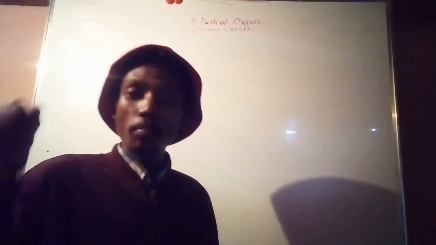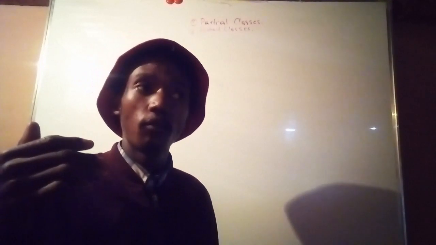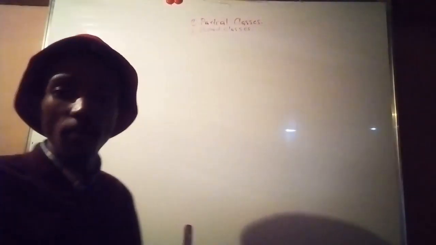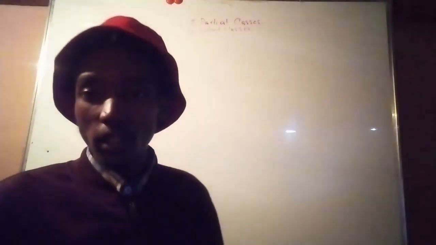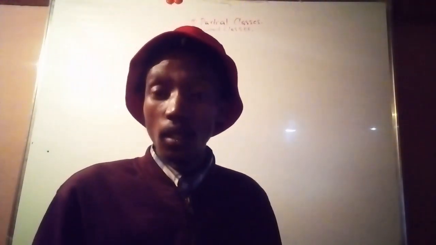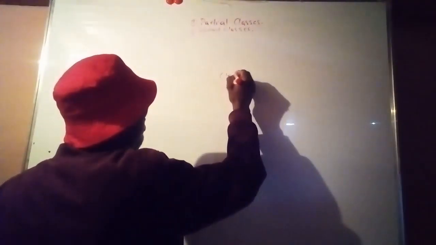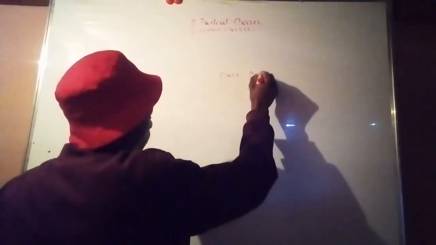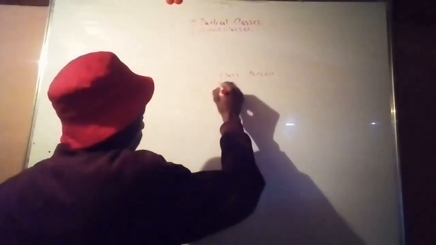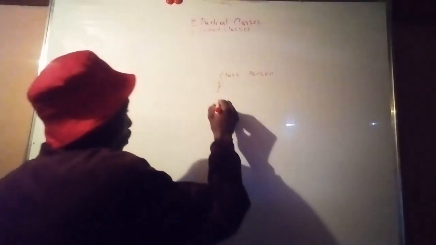Abstract classes are basically those types that provide the general functionality for all the types that are going to inherit from them. Are we together, people? We've got a class person. Let's say we are writing an application for a college. So in a college, obviously, we are dealing with people.